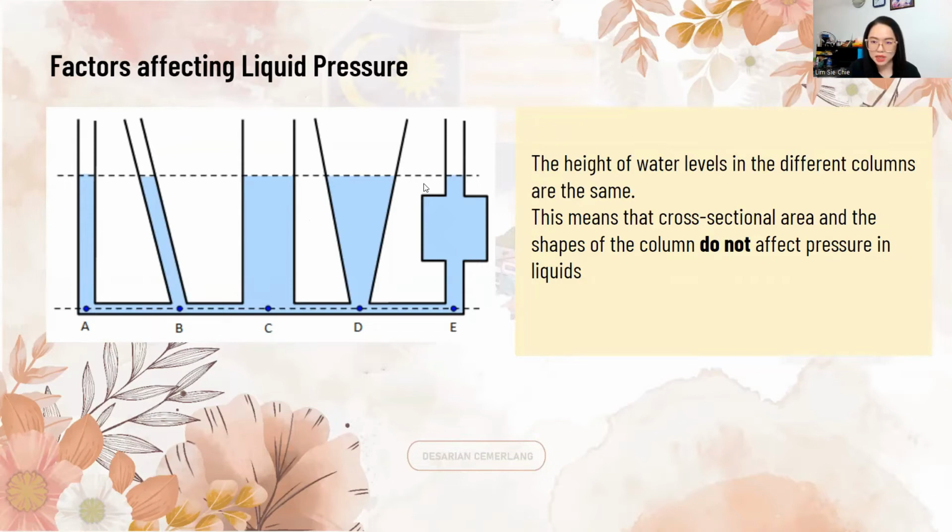This means that the cross-sectional area and the shape of the column do not affect pressure in liquids. Please remember, whatever the shape of the column, it will not affect the pressure in liquid.